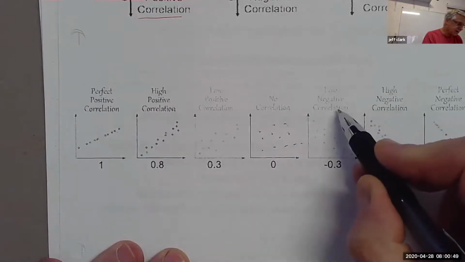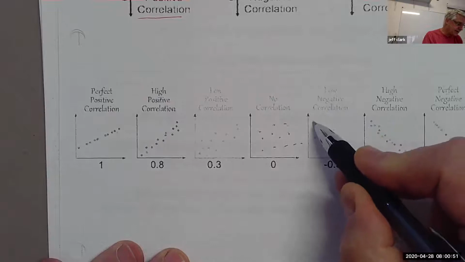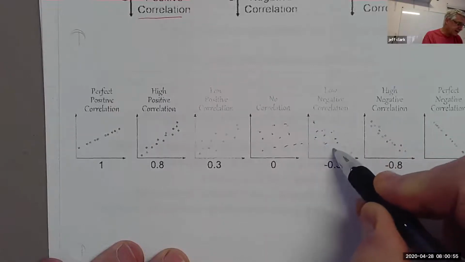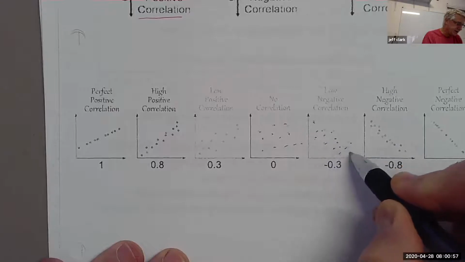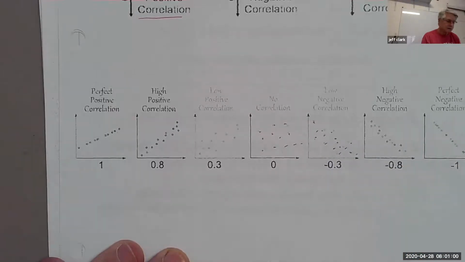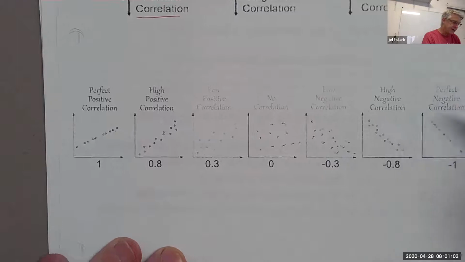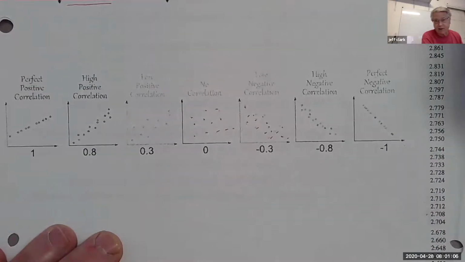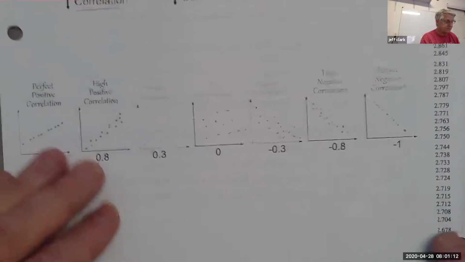And then this one is low negative. So the dots that I'm kind of plotting kind of looks like this from what I can see on my sheet. Higher negative relationship, and then perfect means that all the dots are lining up. You can connect the dots, and you've got an actual equation that would help you do that too.